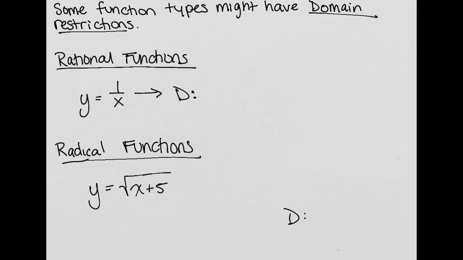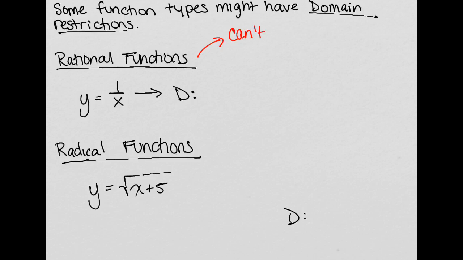Lastly, we're going to look at what we might have to do when we're given the actual function rules. Sometimes we have to look for domain restrictions, or values of x that can't exist in the domain. And there are two main scenarios where that can occur. When we have rational functions, because in rational functions we divide, and there's a specific value we can never divide by.